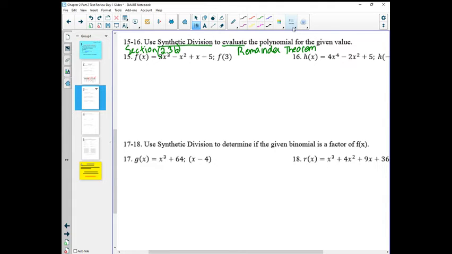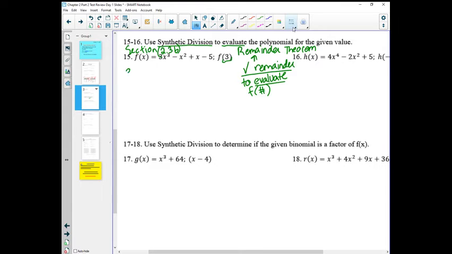And we learned in section 2.3b that the remainder theorem tells us to just check the remainder to evaluate f of a number. So that's what I'm going to do. I'm going to use synthetic division, like the directions say, to check the remainder, and that's going to allow me to evaluate a number.